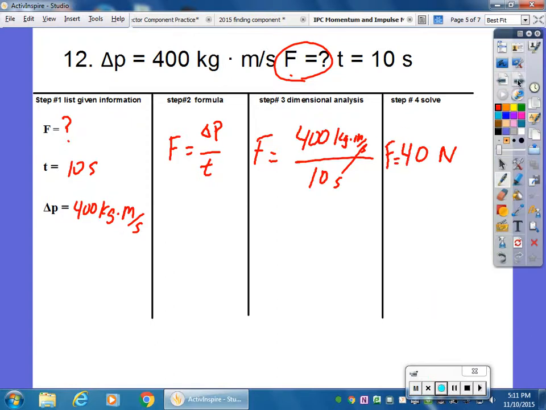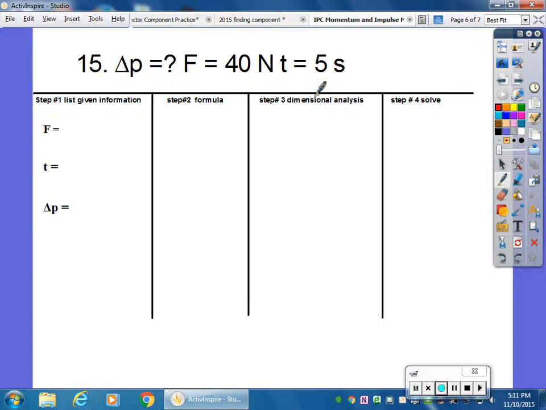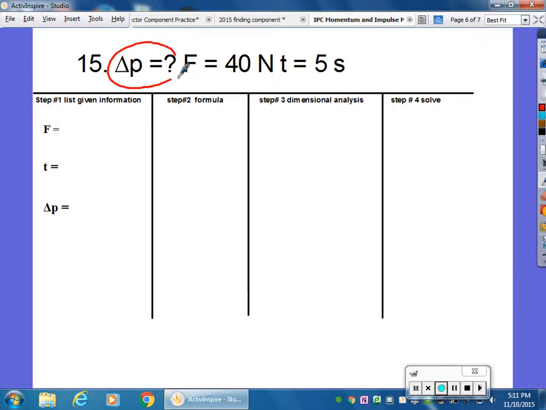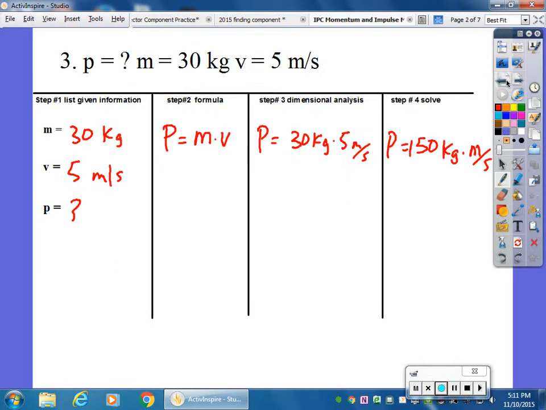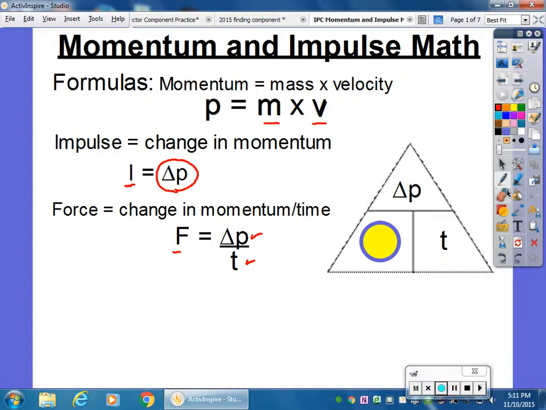Next one here is going to ask us to solve for the change in momentum. So it gives us a force of 40 newtons. Gives us a time of 5 seconds, and it asks us to solve for that one. If we don't know it, we go back over, we move, and it's force times time.